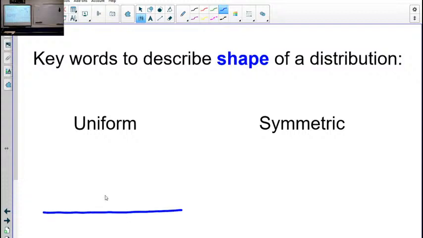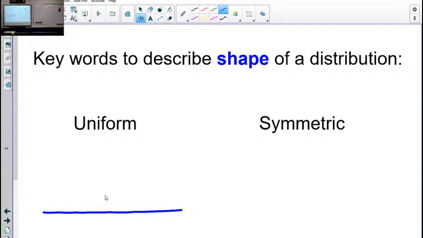Uniform. A uniform distribution, if you think about what uniform means, it means, not as a noun, like you're wearing a uniform, but as an adjective, that it's the same throughout. If I say that everyone is uniform, I'm saying that they are the same, and that's part of the idea of wearing a uniform, that everyone is dressed looking the same.